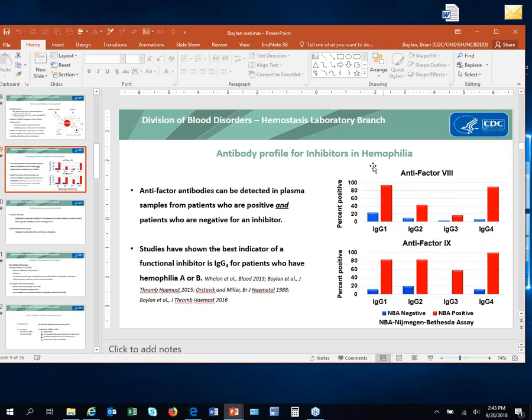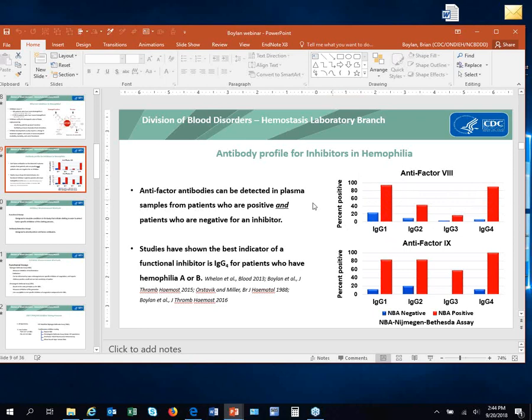However, we and others have shown, there's a paper by Hofbauer in Blood a few years ago that looked at the affinity of the antibody response. In that paper, they noted that if you look at patient specimens in serial samples over time, you might see IgG1 appear early on. And there is at times a transition from IgG1 low affinity antibodies to higher affinity antibodies, and that response eventually can lead to an IgG4.